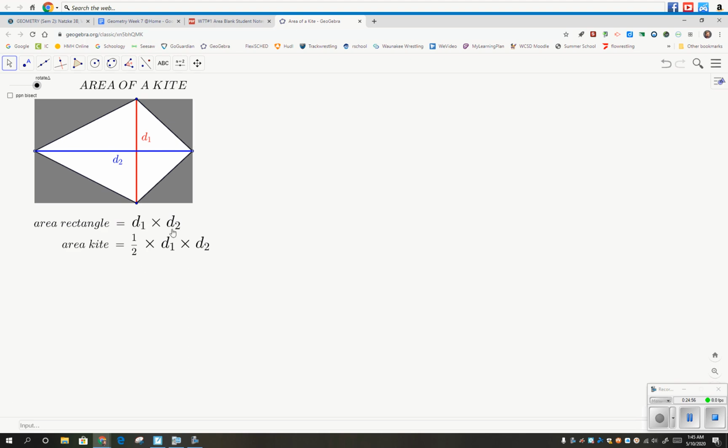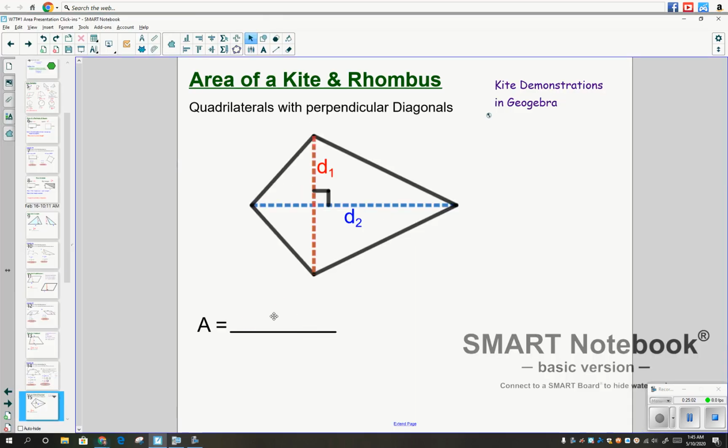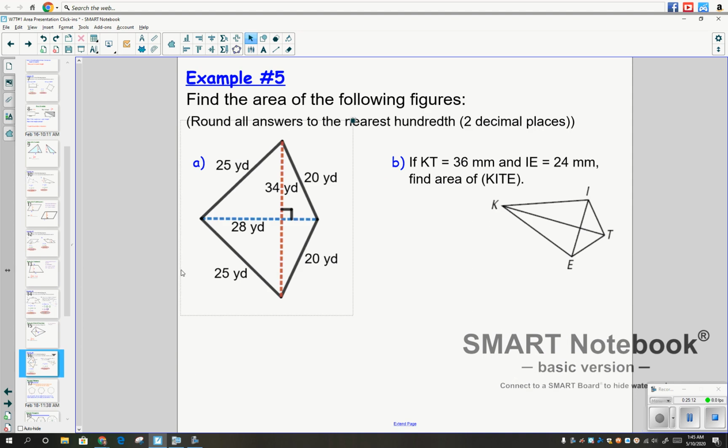So it's half of d1 times d2. So 1/2 times d1 times d2. We can go back to our formula sheet. 1/2 times d1 times d2.